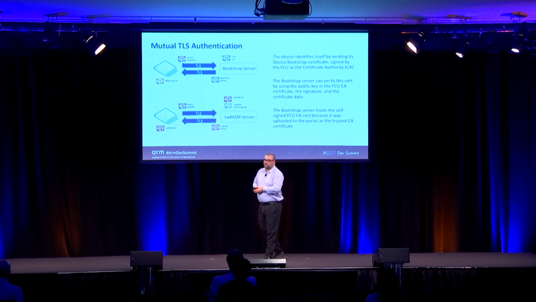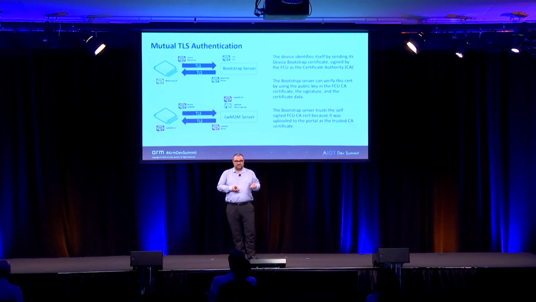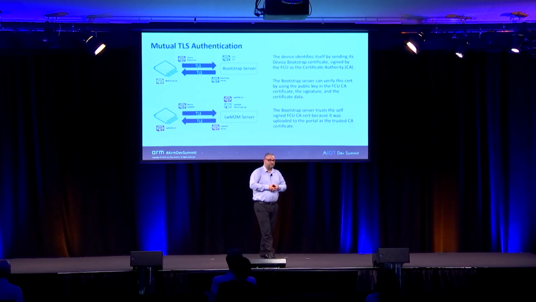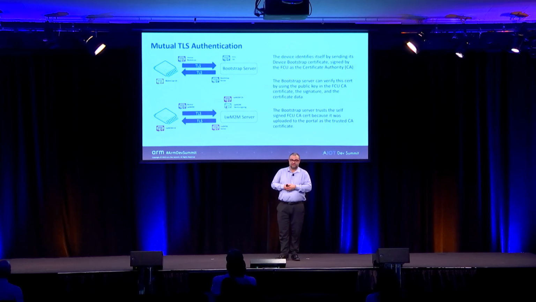So what we do with Pelion is we use a very well-known, very established industry standard set of tools, and that is TLS. This has been done for many years, it's very robust, and it is fully understood. What we do is mutual TLS authentication. We get the device to connect to the Pelion service, and get the Pelion service to prove that it is indeed the Pelion service that it's connecting to.